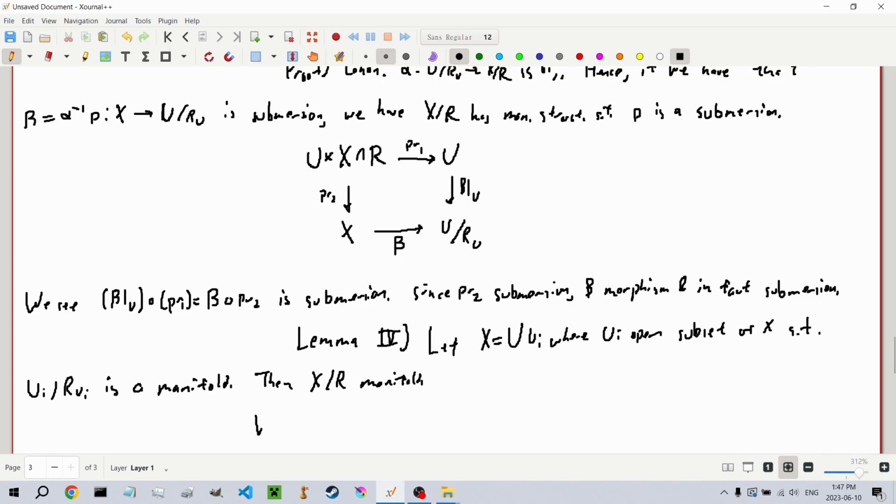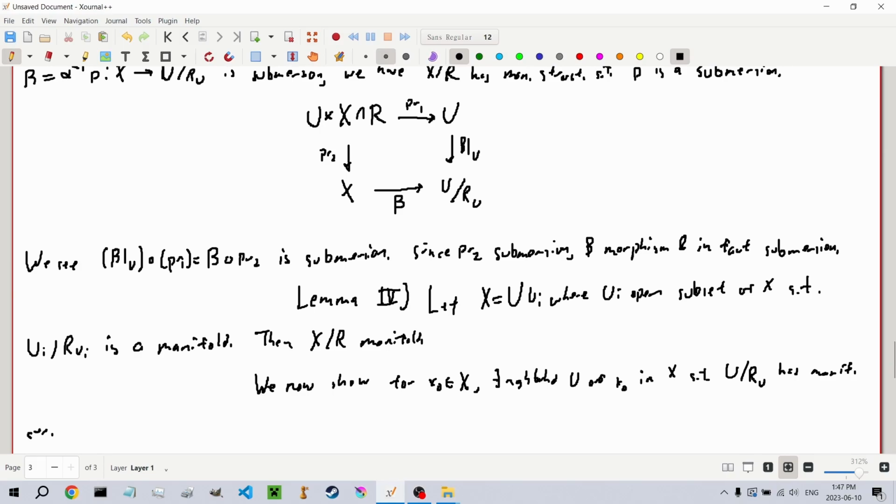So we will now aim to show that for x naught in X, there's a neighborhood U of x naught in X such that U over R of U has a manifold structure such that U onto U over RU is a submersion.